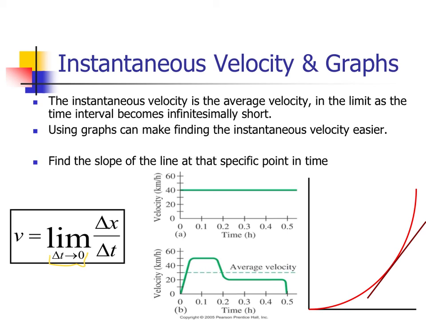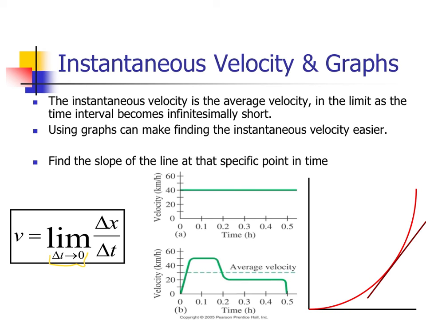Why is instantaneous velocity important to look at? Because again, you can have an average velocity, which sometimes is just kind of looked at as the average speed that the person takes. The lower graph indicates kind of a speed up, and then, whoa, slow down, going a little fast.